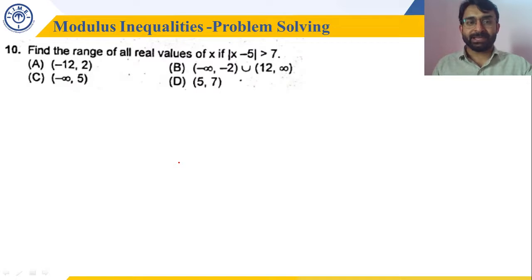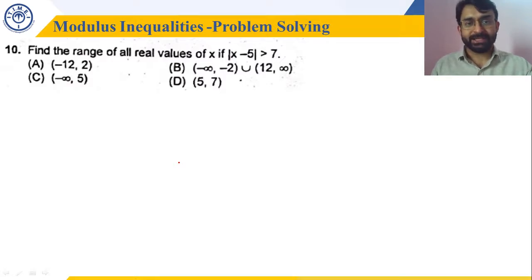Question number 10. Find the range of all real values of x if mod of x minus 5 is greater than 7. Now here what we have to do is put x minus 5 equal to 0.